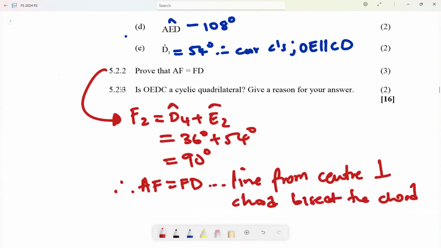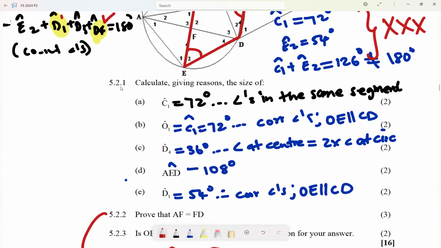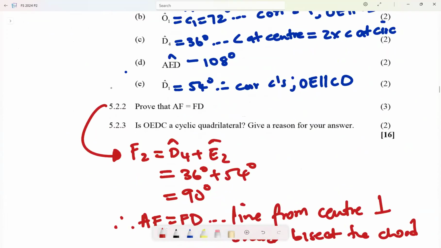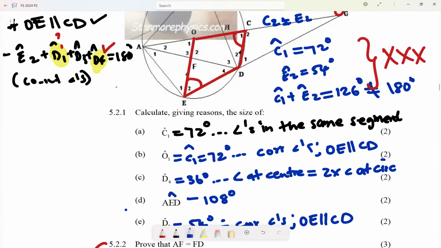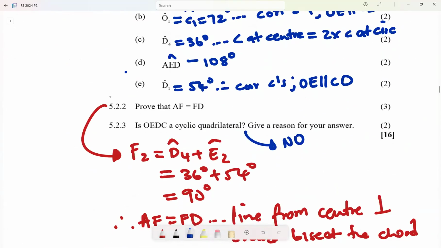Now I'll come here and reason, is OEDC a cyclic quad? No. The first answer is no. Why? I can say angle E2 plus E1 plus C1 is not equal to 108.